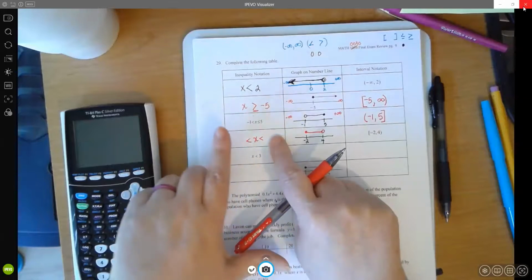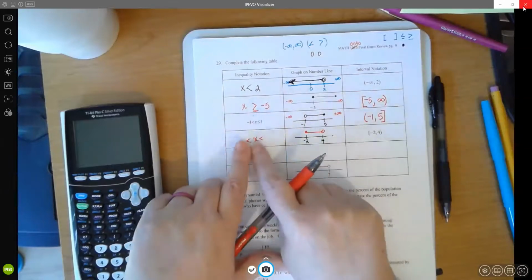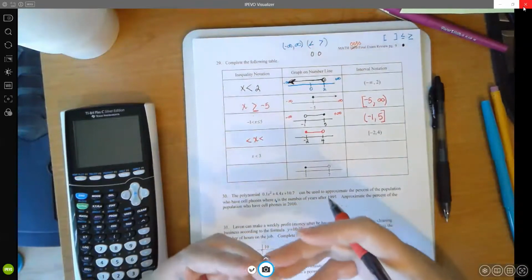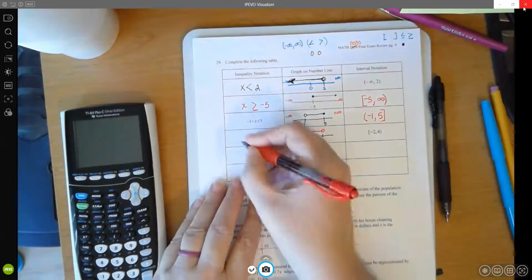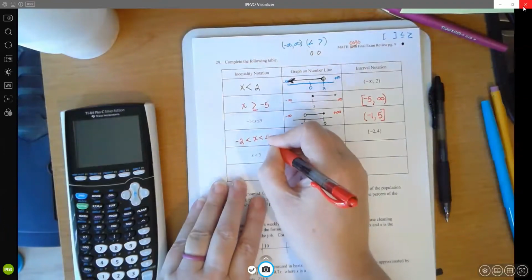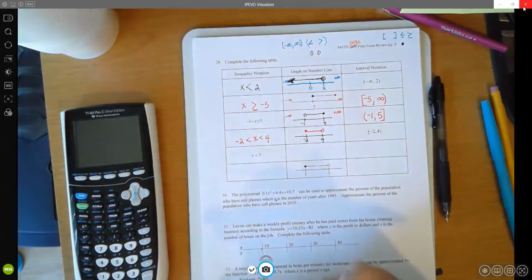It always goes from the smallest to the largest, with the X's being between those two values. So I know that the -2 will go here and the 4 will go here, but I've missed something. I hope you've caught it.